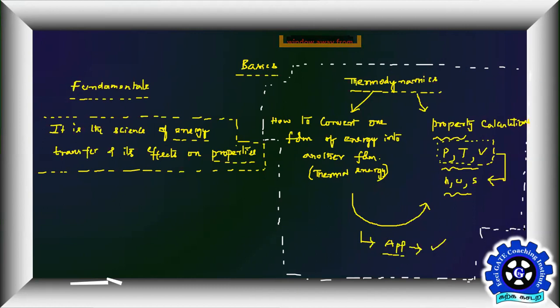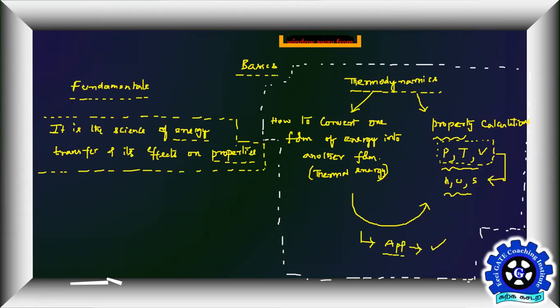So this is a very important role as an engineer. You are mechanical engineers, so you should know why you want to read thermodynamics as a mechanical engineer. And one more thing I want to specify here: the subject is not only important for mechanical, but also for chemical, for aerospace, and for material science people.